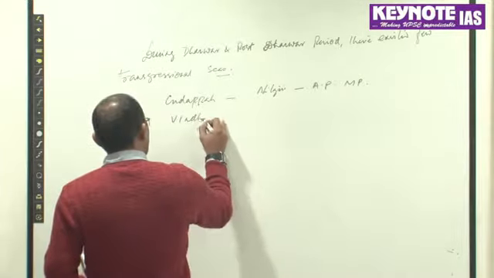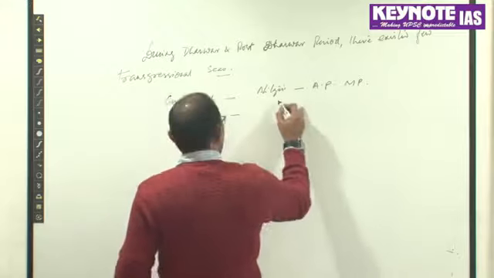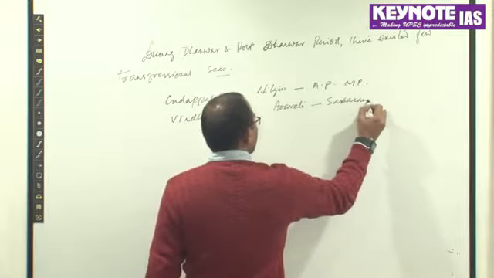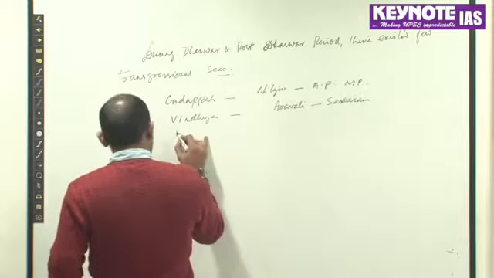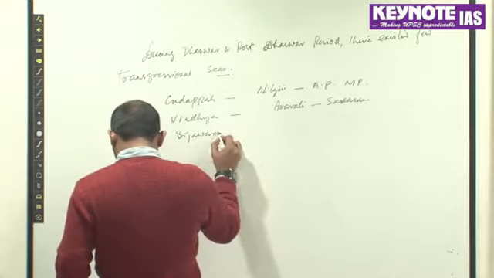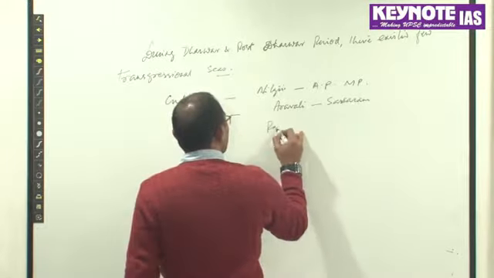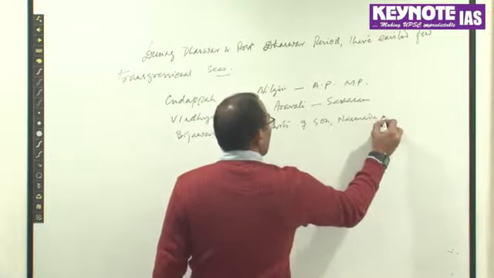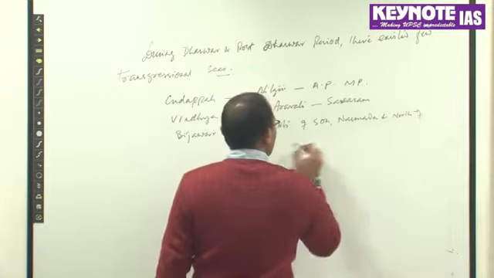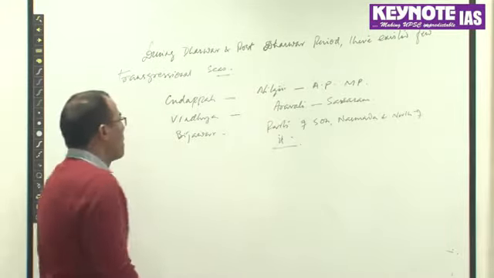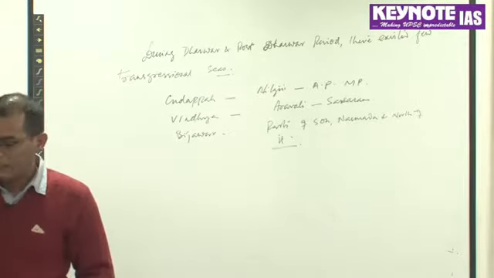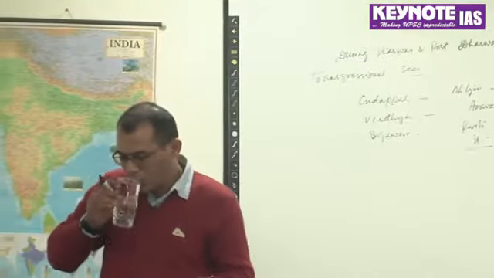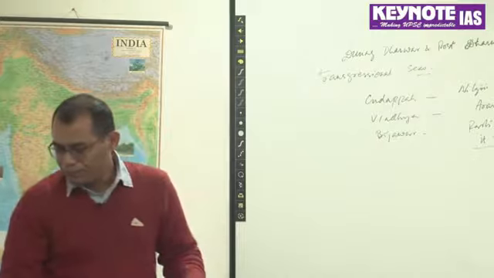Then we have Vindhya, present Aravali to Sasaram region of Bihar. And then we have Bijawar, present parts of Son, Narmada and north of it. These were the seas intruding into the Indian area.